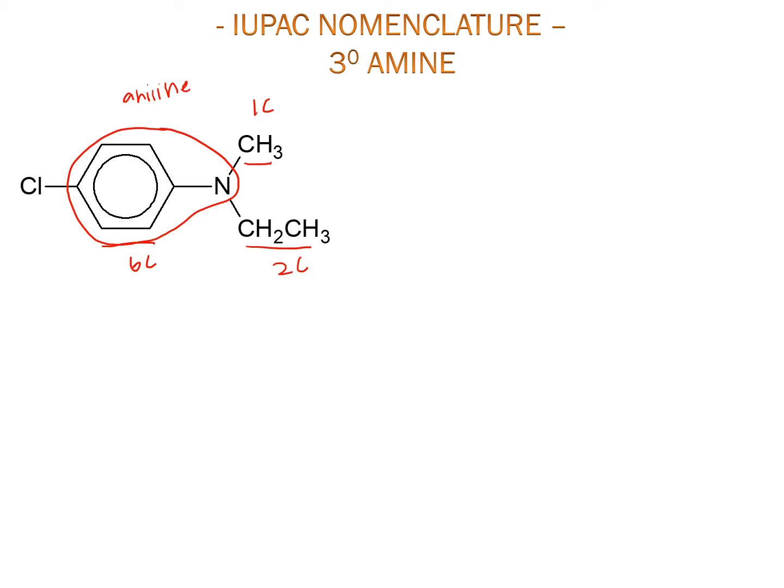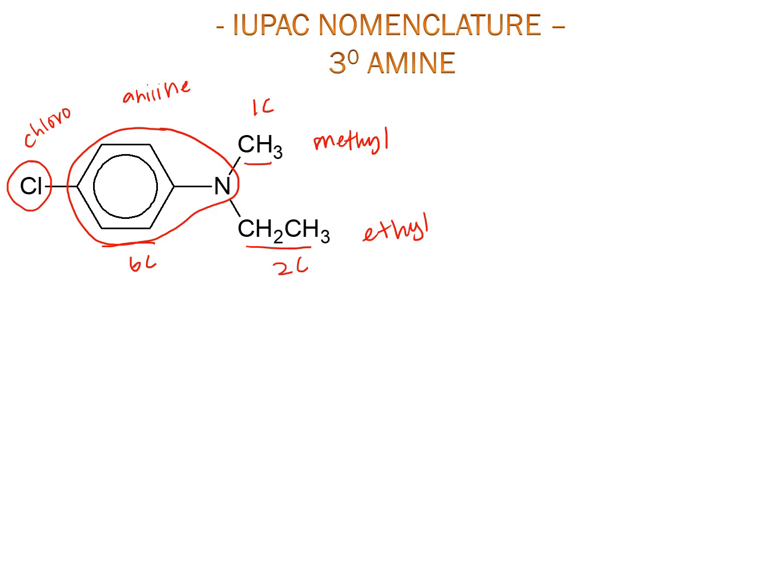1 carbon is methyl, 2 carbon is ethyl, and then you have one more substituent called chloro. So look at the chloro. Chloro is bonded to the benzene ring, so we give the position of chloro.